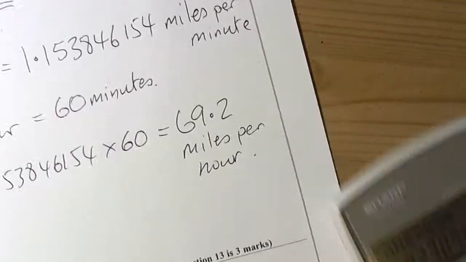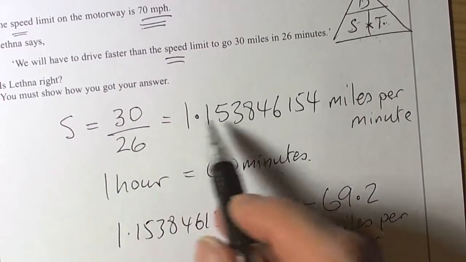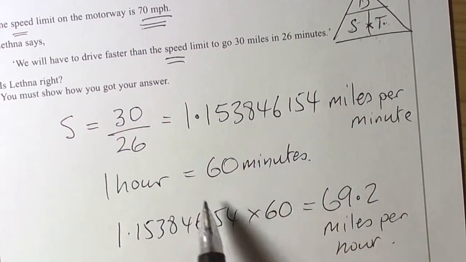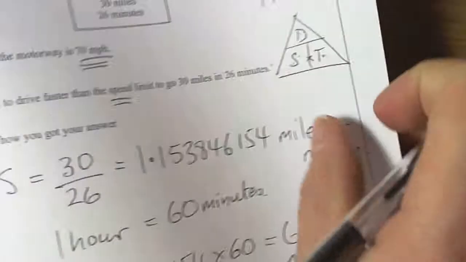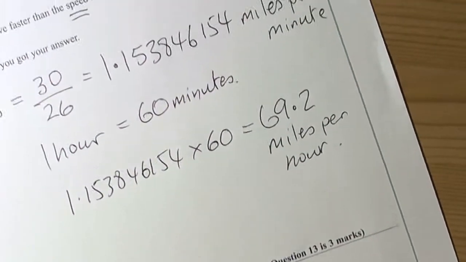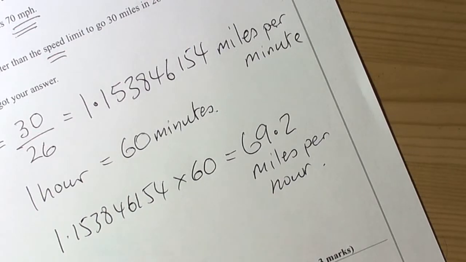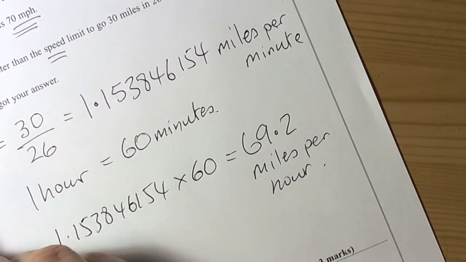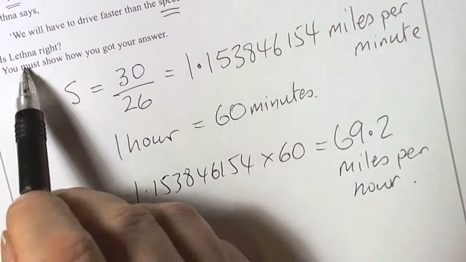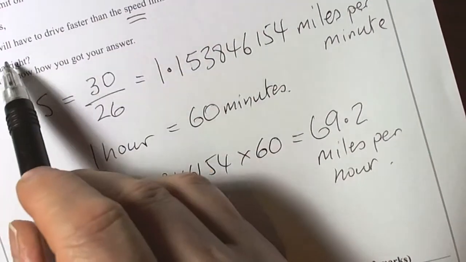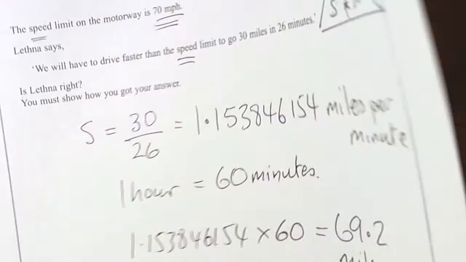So out of the 3 marks, we've got 2 so far because we've calculated the speed as miles per minute, then turned it into miles per hour by timesing it by 60. Now we've got to do our communication mark by saying what the actual answer is. It says Lethner is asking whether we will have to drive faster than the speed limit.